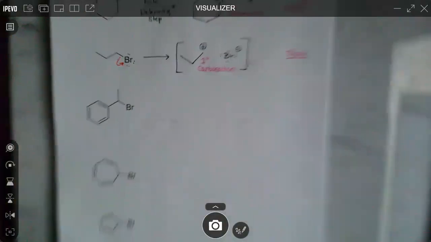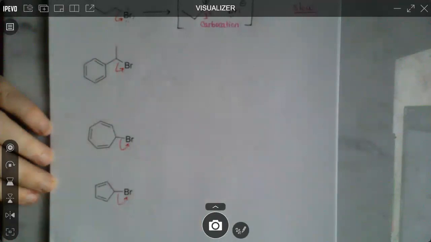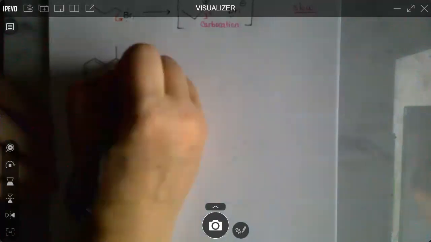Looking at the last 3 cases, we're really analyzing the same step, right? We are considering the loss of the leaving group and the carbocation that forms in each case.